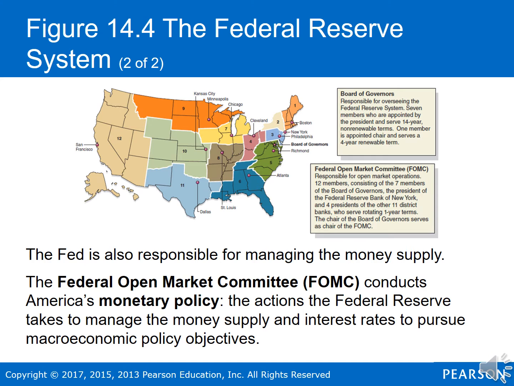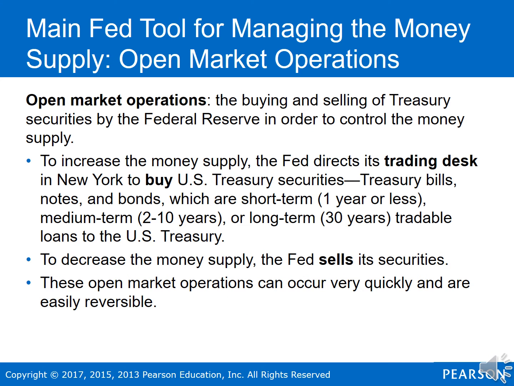The Federal Reserve also has some other minor policy objectives, which is steady growth, to smooth the business cycle, and also broad financial market stability, to prevent financial market volatility. So the Federal Reserve's main tool for managing the money supply is currently open market operations.